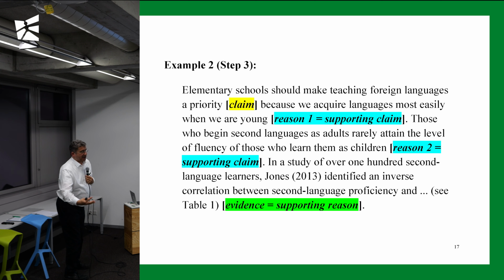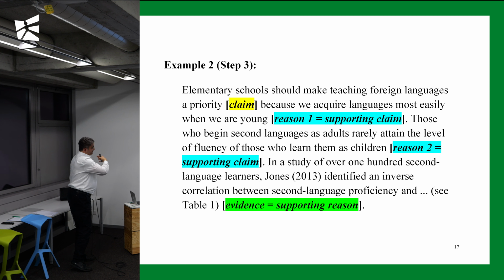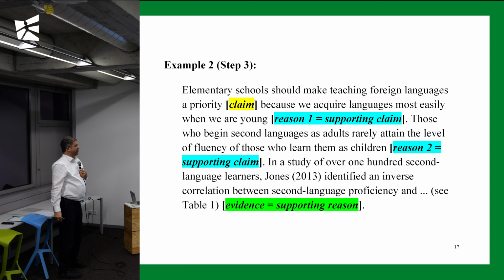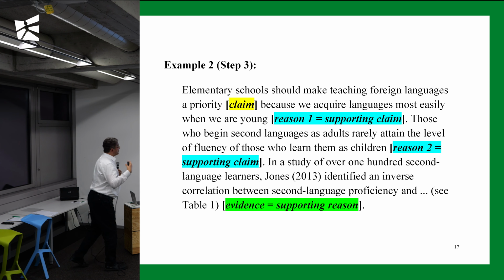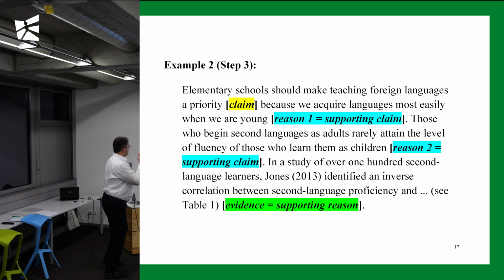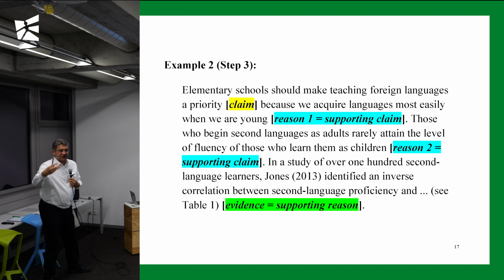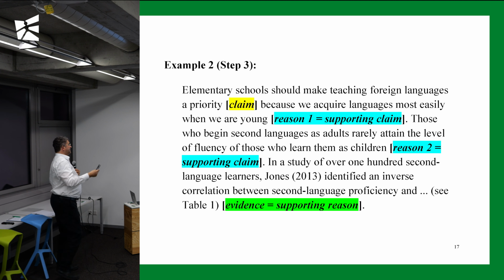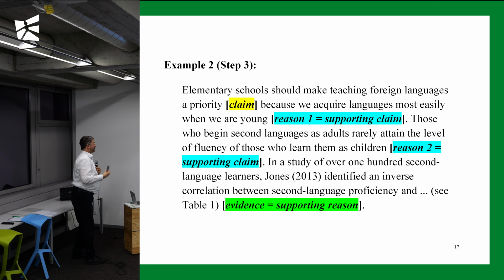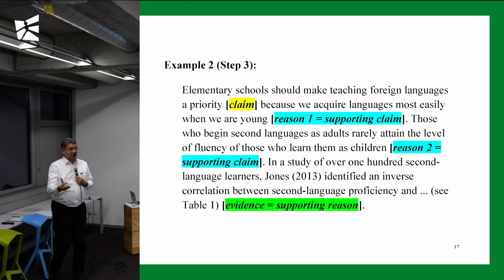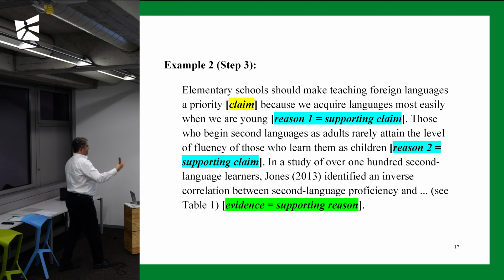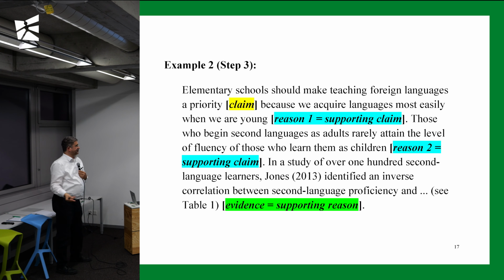So, now, the same argument. I'm now using only 2 of those 4 reasons I used before. And now the difference is, down here, after my second reason, and you'll notice now the research mindset being switched on: in a study of over 100 second language learners, Jones 2013 identified an inverse correlation between second language proficiency and another factor.